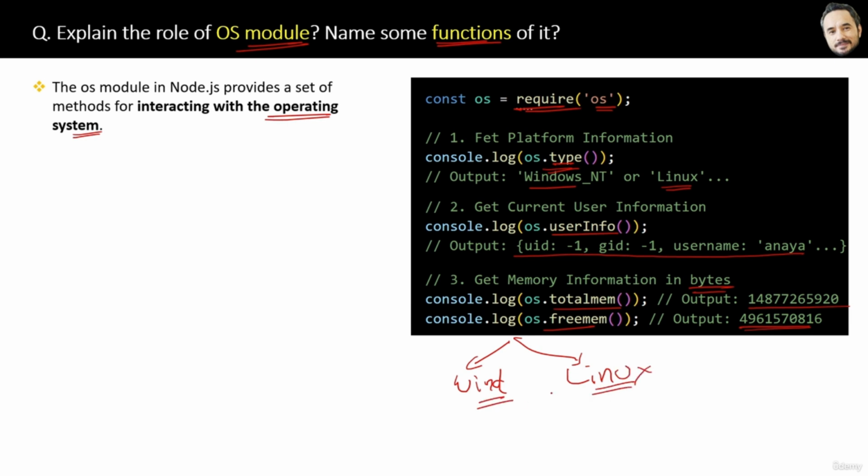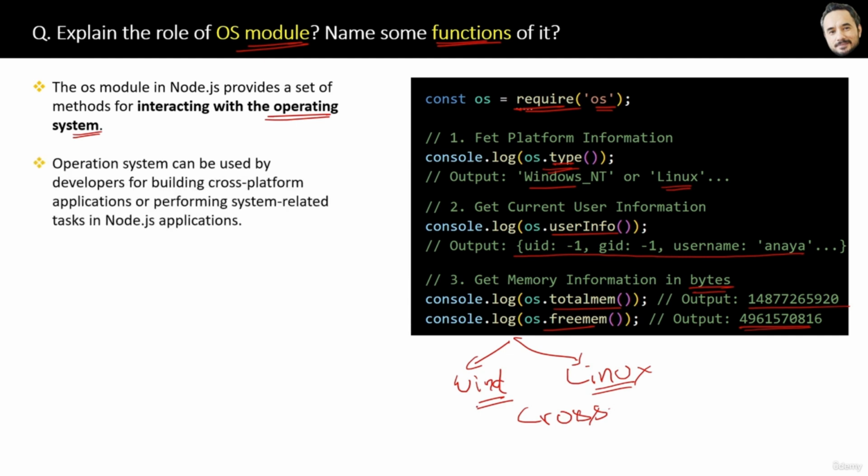Then we have to perform some functionalities as per the operating system to make our application cross-platform. That is the main point, because Node is cross-platform. One application can run on any operating system. So for that, sometimes we need operating system information as well. And the same thing I have written here also for later reference.